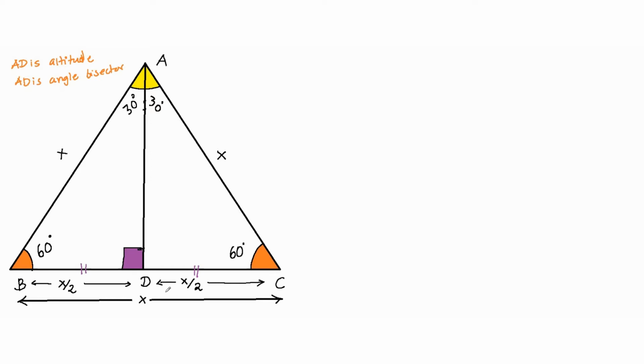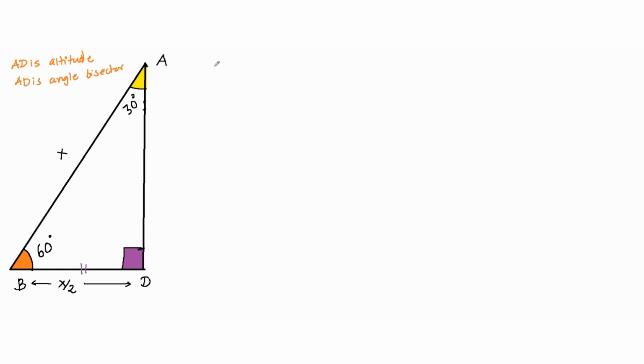So now what we have done is, in an equilateral triangle we have drawn the angle bisector, and now suddenly we have two right angle triangles, and each of those right angle triangles contains a 30 degree as well as a 60 degree. So now let us find the length AD. What we are going to do is ignore one half of the triangle. Let us now stick to triangle ABD. Let us ignore the triangle ADC.